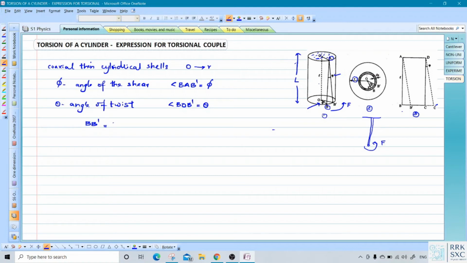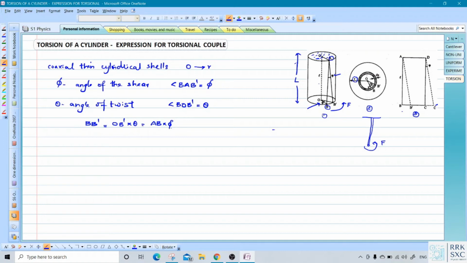The radius here is OB dash from the second figure, into theta, that is the angle. OB dash into theta. And now comparing it to the first figure, you can see that this O dash B is nothing but AB, and corresponding to theta, you have phi. So first you write BB dash from the second figure, that is OB dash into theta, and then comparing to the first figure, it is equal to AB into phi.